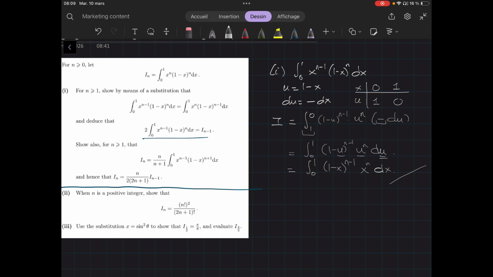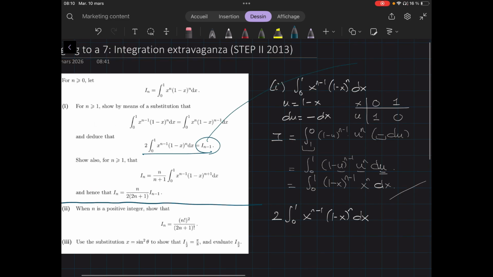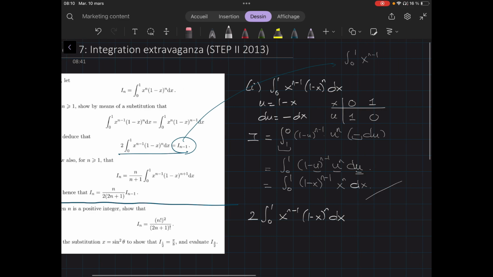This is yet another standard result. So let's start with the left-hand side. We want to get I of n minus 1 on the right-hand side. This is effectively the integral from 0 to 1, x to the n minus 1, 1 minus x to the n minus 1.